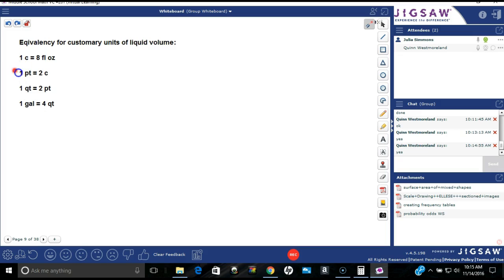So if we know that there are 2 cups in a pint, and we know that each cup is 8 fluid ounces, how many fluid ounces are in a pint?